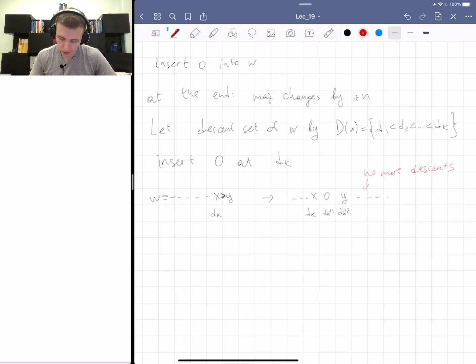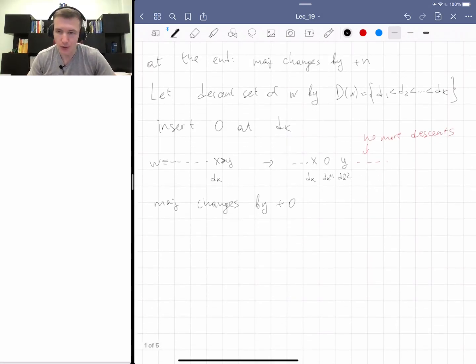The descents to the left are unchanged. So the claim is that in this case the major index changes by plus 0.